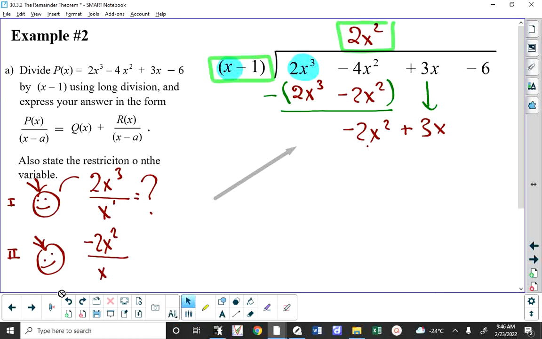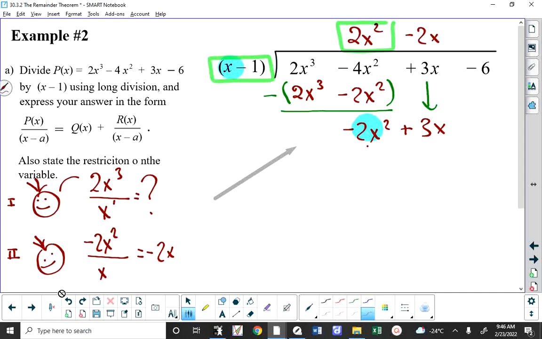So the things I am dividing now are these. And I don't worry about the 1 when I do the division. Well, this is equal to negative 2x. And I write that as a quotient above. Quotient is the result of division. And I write it in the x column.